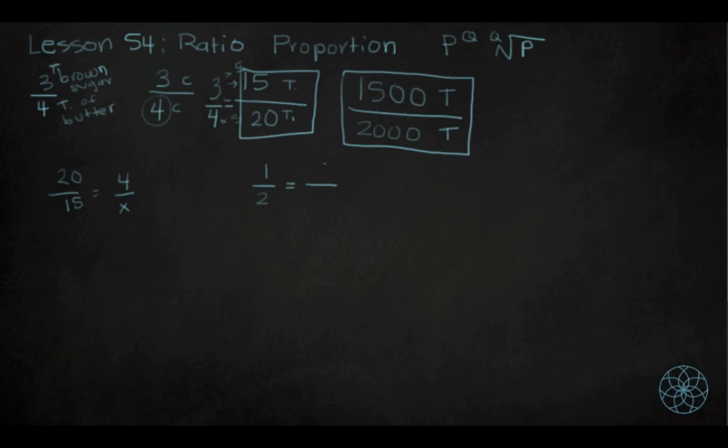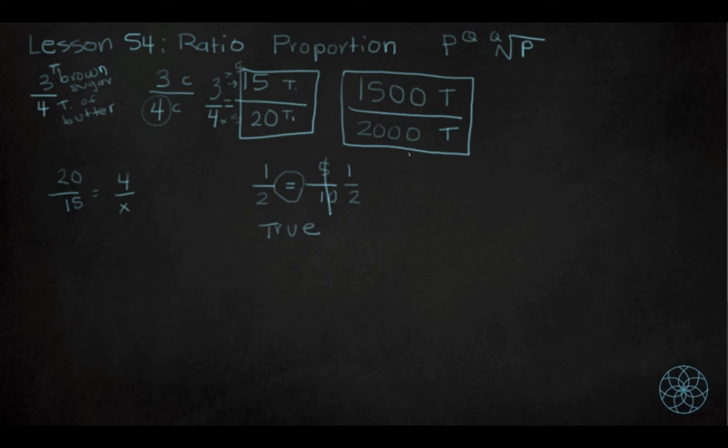So let's say you had 1/2 and 5/10. So is this a true proportion? Does 1/2 equal 5/10? Well, if you think of it, 5/10 can be reduced to 1/2. So, of course, 1/2 equals 1/2. And this would be a true proportion.